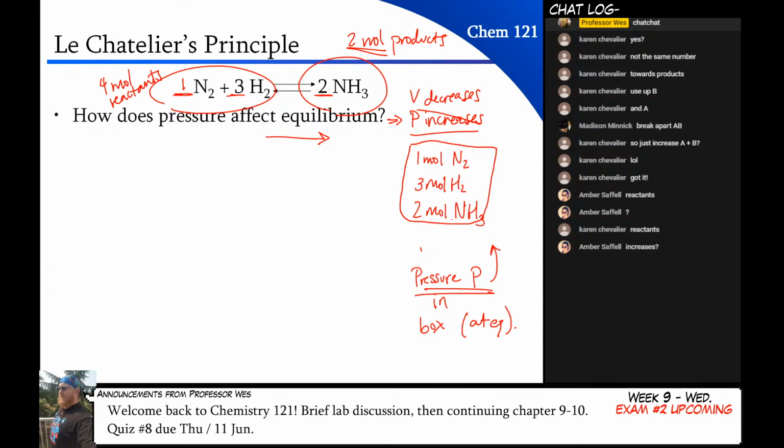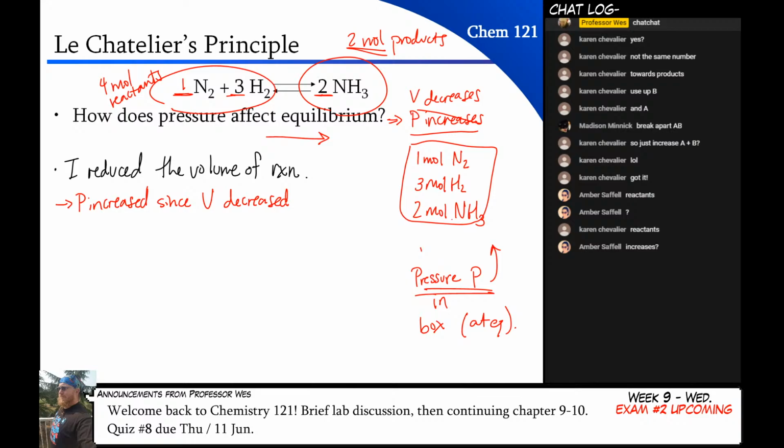So we did a bunch of stuff in this problem. So let's write this out. Let's color code it again. So the first thing I did was I reduced the volume of the reaction. What was the consequence of that? And the consequence was that P increased because the volume decreased. So far, so good.